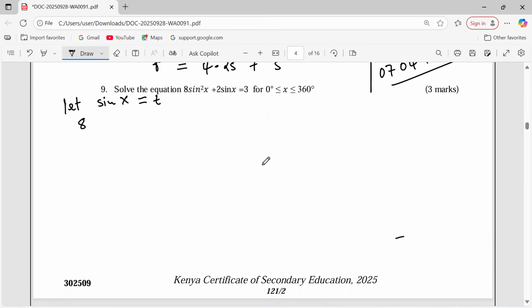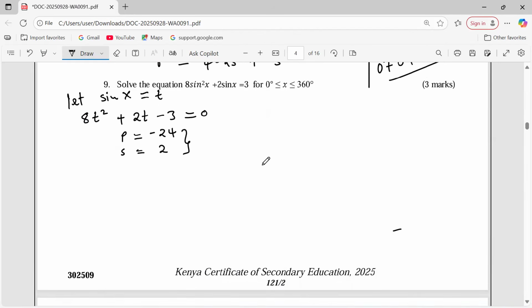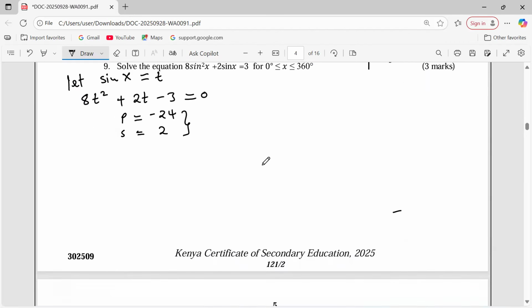So that we say 8t squared plus 2t, then the 3 on the right-hand side can be subtracted here to give us 0. We need two terms whose product is 8 by negative 3 and sum is 2. Two terms, when multiplied, give us negative 24, and when added, give us positive 2.